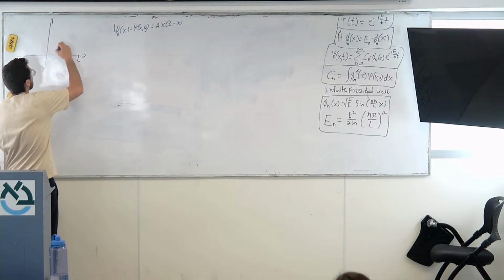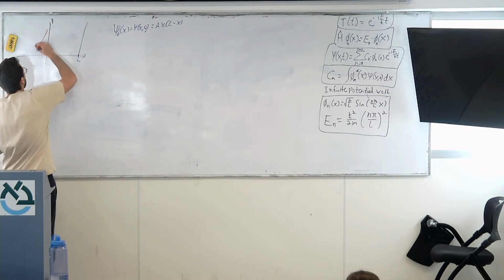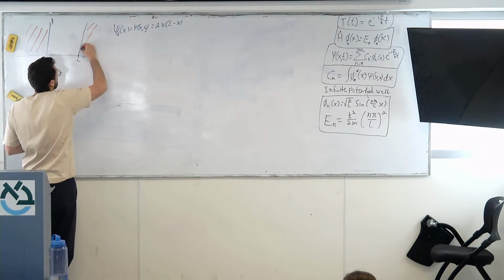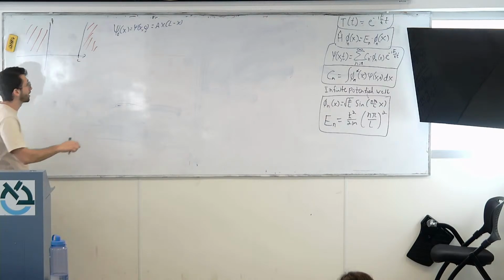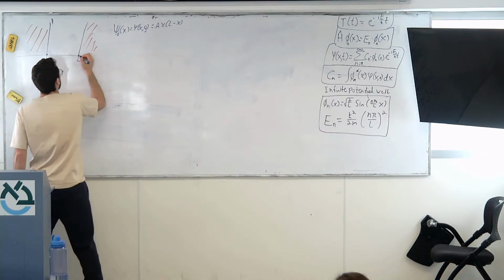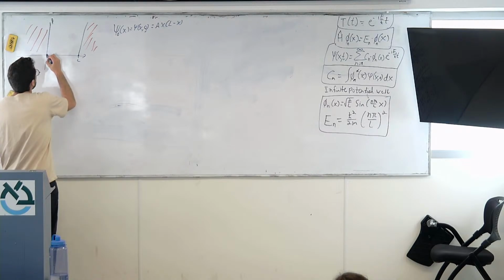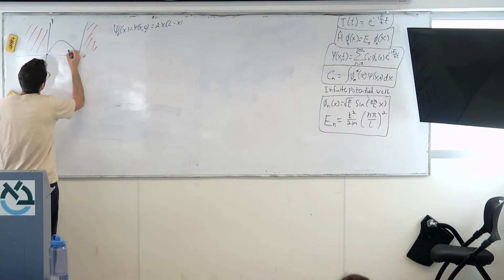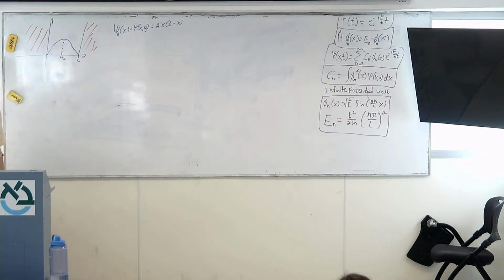Between 0 and L, and outside the well we know the probability is 0. We also observe that when x equals 0 we get 0, and when x equals L we also get 0, and in the middle we get some shape.